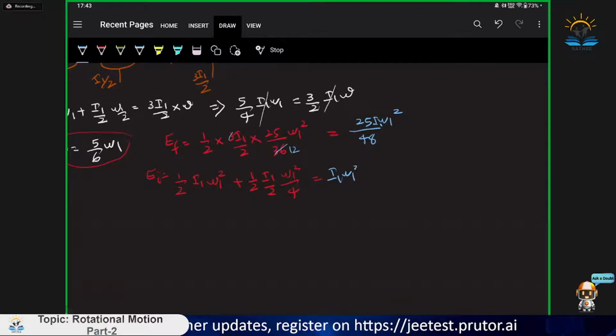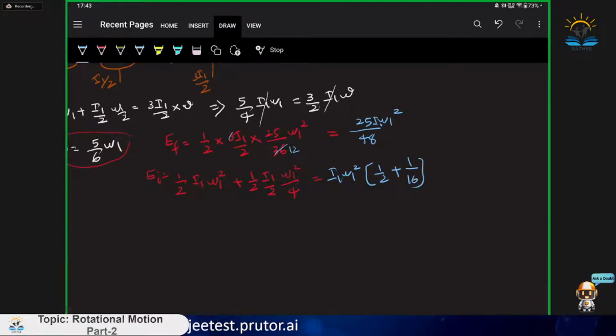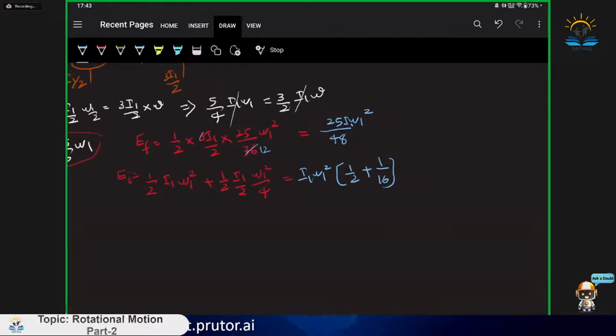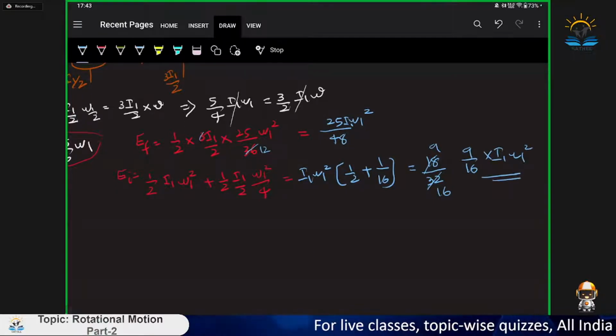I1 omega 1 square we can take outside: 1 by 2 plus 1 by 16. So that is 18 divided by 32, and we can cut to 9 by 16 into I1 omega 1 square. This is the initial kinetic energy.